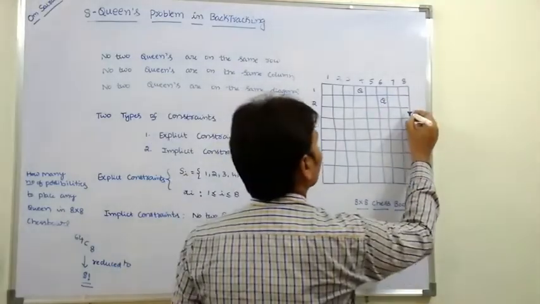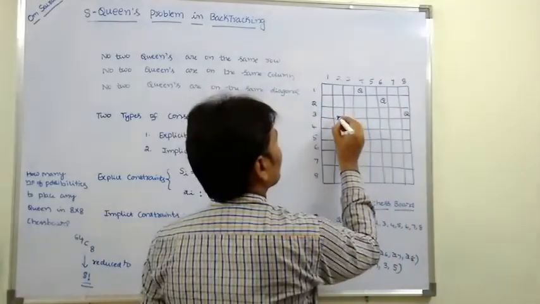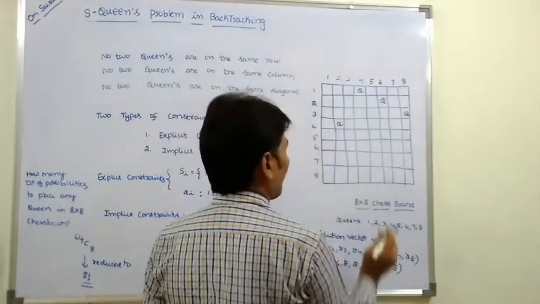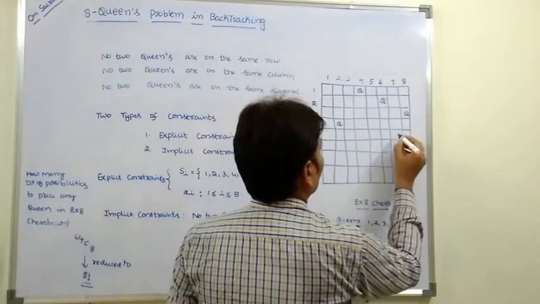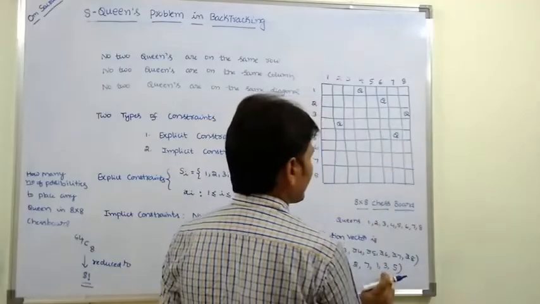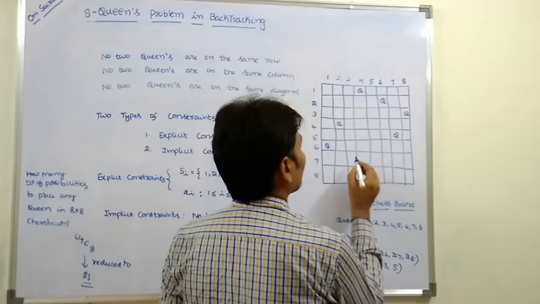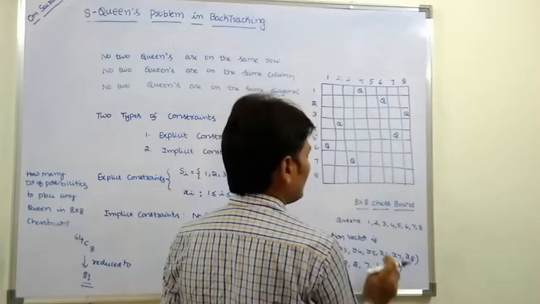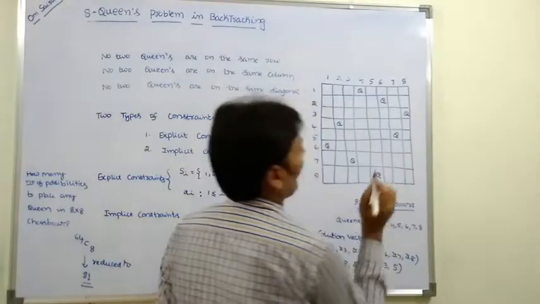The third queen on the 8th column. The fourth queen on the 2nd column. The fifth queen on the 7th column. The sixth queen on the 1st column. The seventh queen on the 3rd column. The eighth queen on the 5th column.